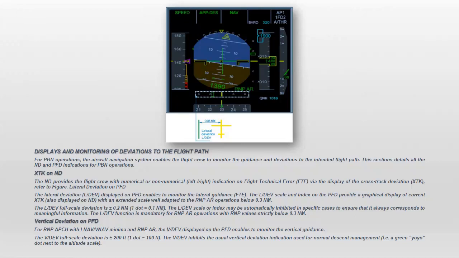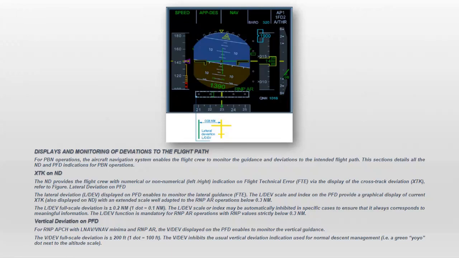Lateral deviation on PFD. The lateral deviation, LDEV, displayed on PFD enables to monitor the lateral guidance, flight technical error. The lateral deviation scale and index on the PFD provide a graphical display of current cross-track deviation, also displayed on ND, with an extended scale well adapted to the RNP operations below 0.3 nautical miles.